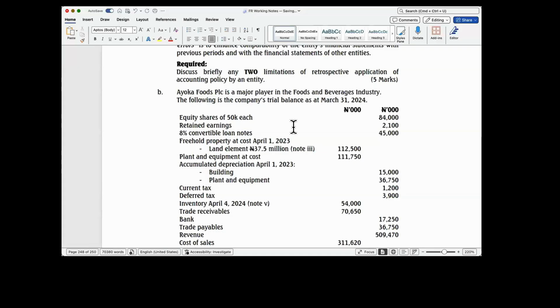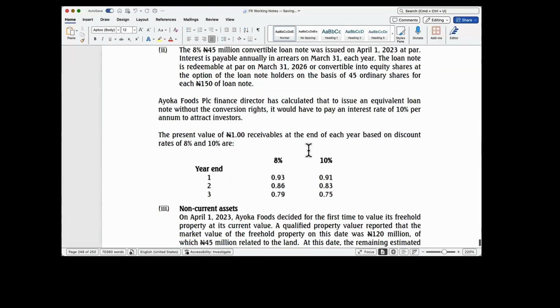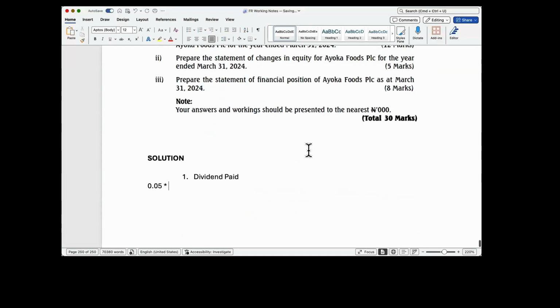So if I want to get the number of shares, it's just 84,000 divided by 50 kobo, so 84,000 divided by 0.5. I'll need you to bring out your calculator. We're going to need it here to demonstrate that you're participating.